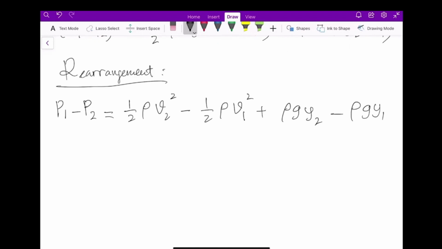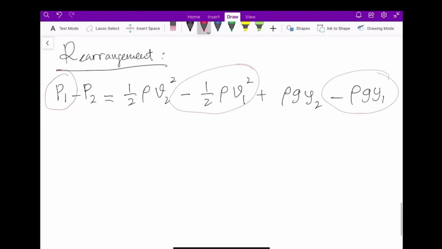So now we want to rearrange them so the terms that have the same subscript are together. For example, subscript 1, we want to put on the left, and those having subscript 2, we put them on the right. So for subscript 1, we have P1. Here we have negative, here we also have negative.